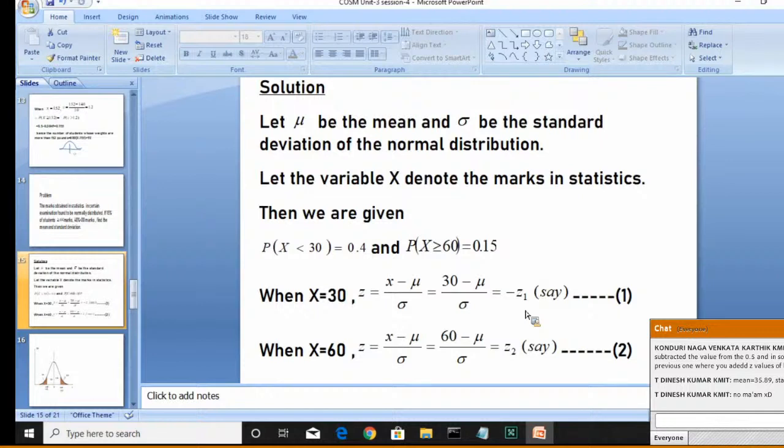Our marks will vary from 0 to 100. Listen all of you, 0 to 100. 50 will be below the mean and 50 will be above the mean. Here 60 is coming on the right side, so I am putting it as Z2.